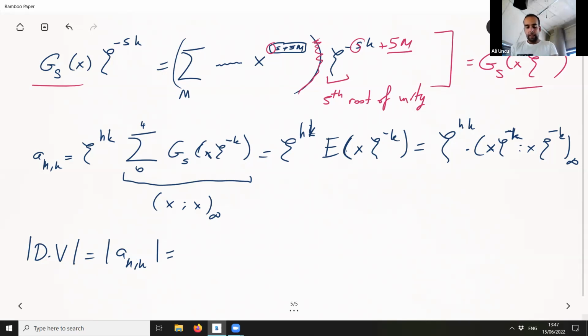And that is going to be the determinant that we have from 0 to 4 of these E's of x zeta minus k. So these guys, when you multiply all of them from 0 to 4, we end up getting a 0 modulo 5 residue class. So this becomes 1. We don't need that. Times the determinant of the Vandermonde.